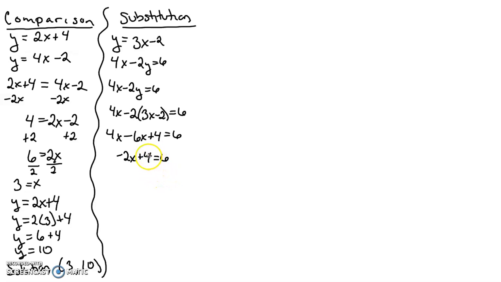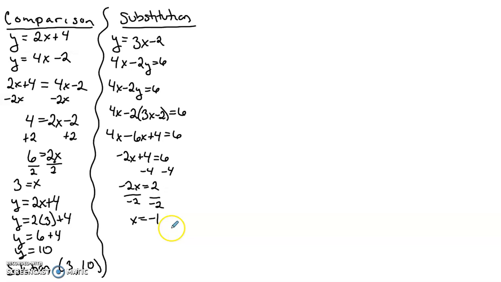Now I want all of the numbers on one side, so we can get rid of this 4 here by subtracting it from both sides. We're left with negative 2x equals 6 minus 4 is 2. To get x all by itself, we'll divide by negative 2. What we're left with then is x equals negative 1.